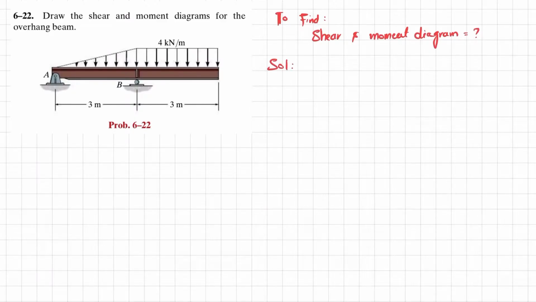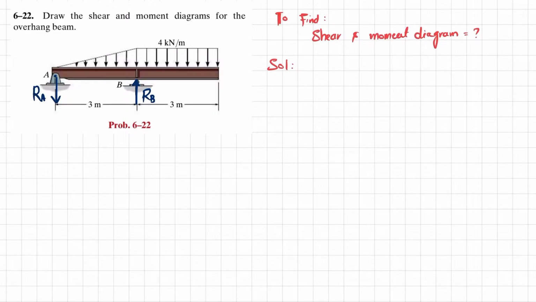The first step in solving this problem is to find the reaction force at point A and point B. So this is point A and this is point B. If you remove the support, there will definitely be a reaction force RB, and let the reaction force at point A be RA.